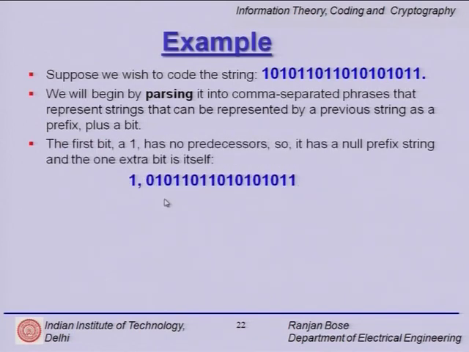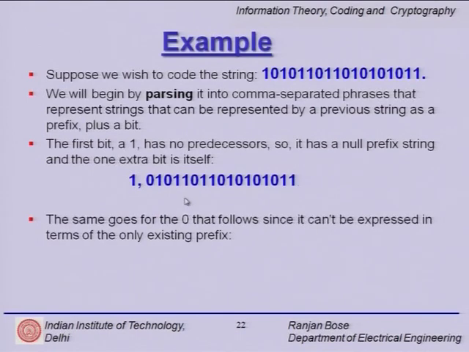So let us again revisit this string, 10101 and so forth, and I put a comma after the first one, because we are starting from scratch. It has a null prefix and a 1, and then we get a 0.